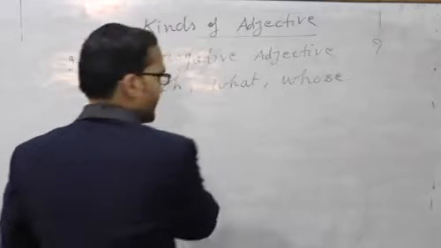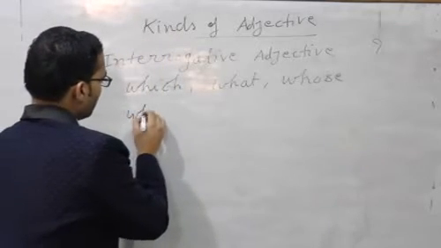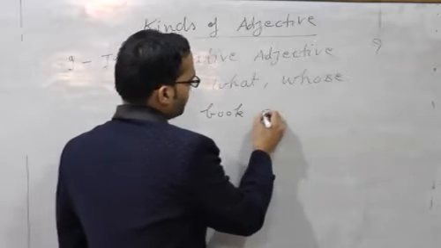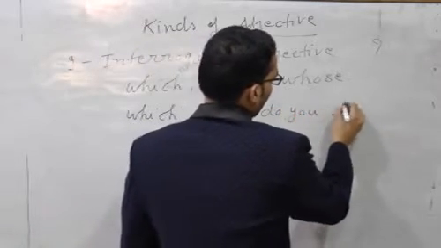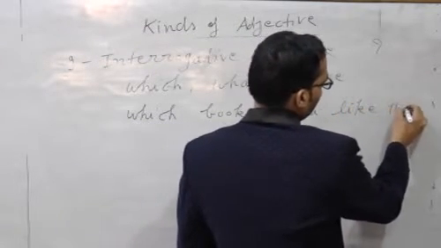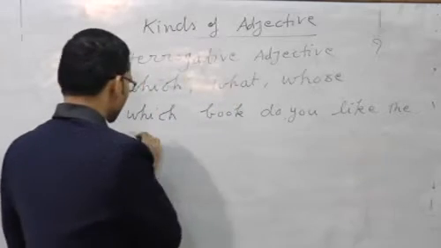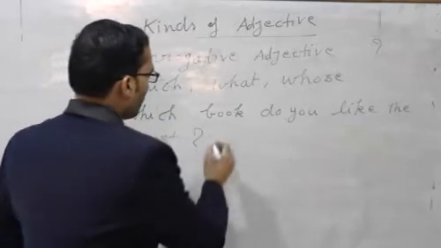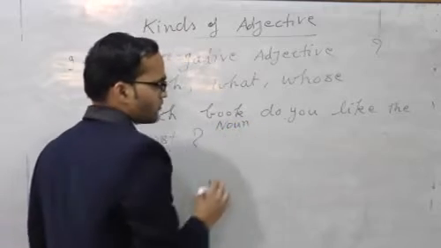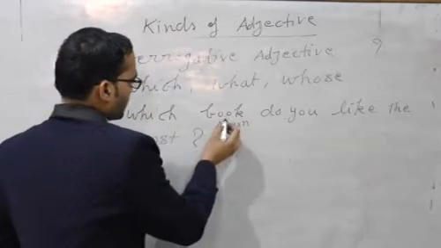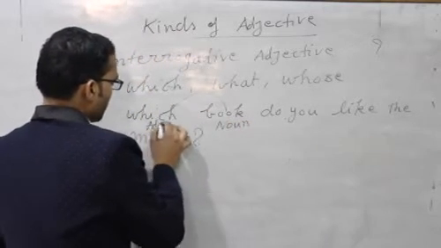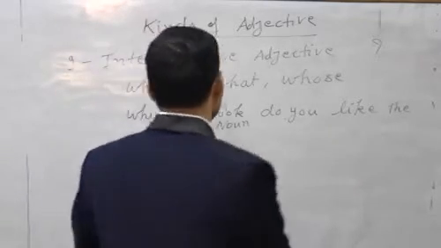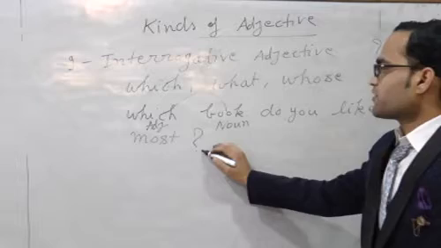For example, if I write down an example, which book do you like the most? Question mark. Book is a noun, and I already told you before the noun we always use an adjective. Which is an adjective, but which adjective? Interrogative adjective, because we have also found a question mark.